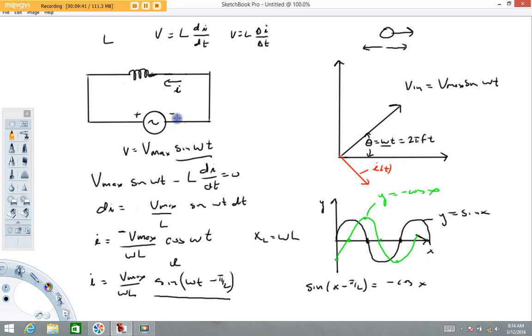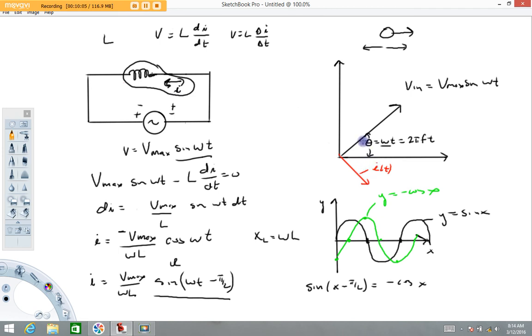This polarity now is trying to push a clockwise current, but because we have an inductor here, it takes a little while for that current to change direction, because that's what inductance is, resistance to changes in current. Then eventually the current does change direction, but then the voltage changes again, and it takes a little while for the current to change direction again. So that's why the current phasor lags the voltage phasor.